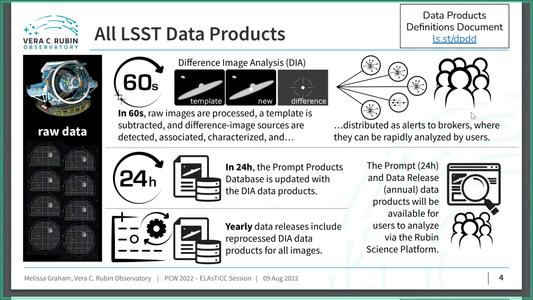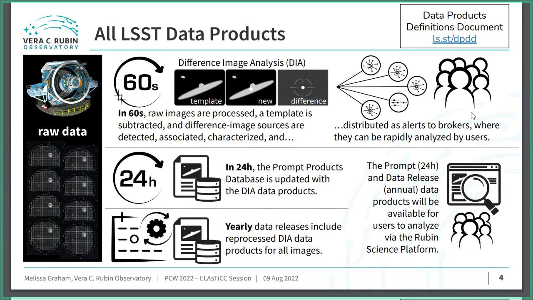So you could log in to the Rubin Science Platform, for example, on whatever cadence suits your science schedule, daily, weekly, monthly, whatever, and query those data products in the prompt products database to see if you can find anything that's risen by X magnitudes over X days in your favorite filter, whatever the thing is that you're interested in finding.